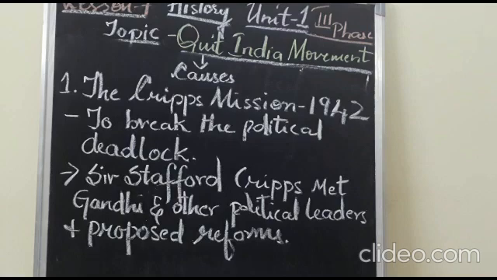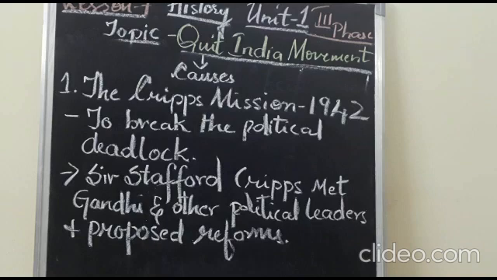The Cripps Mission was sent to India in 1942 to remove the political deadlock as the Japanese were swiftly moving towards India. And the British increasingly felt the need to gain support from the Indians to fight the Japanese.